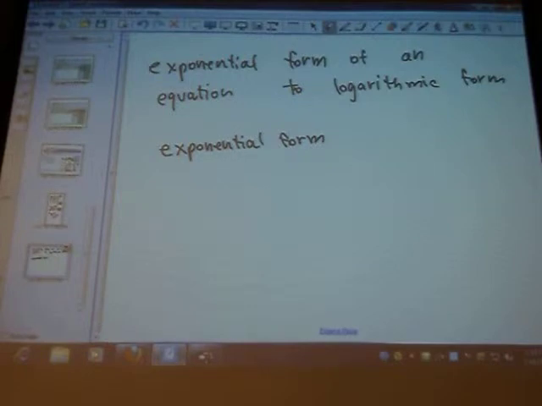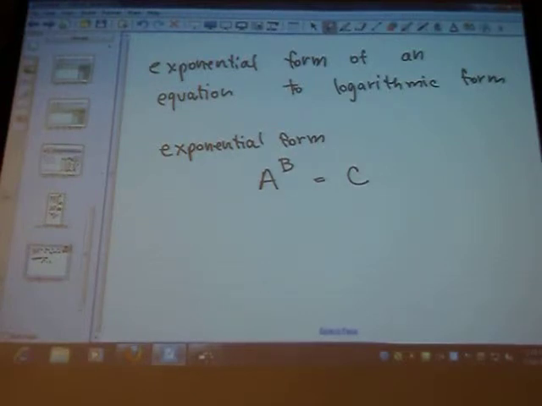Okay, exponential form, you would take a raised to a power, we'll call that b, and that will equal c. So this is your ABCs of math.